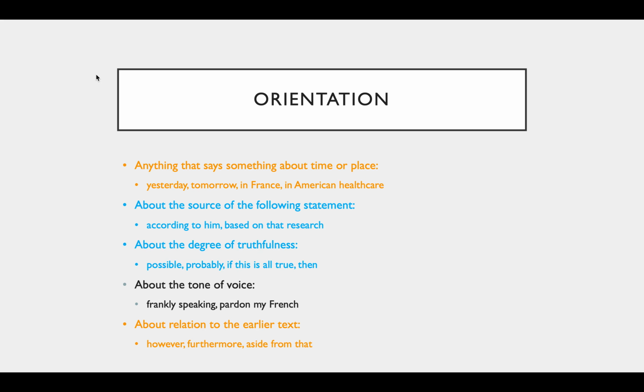In an academic text, you will often have to quote other people, right? So, according to this research, based on the investigation, stuff like that. And you will also have some hypothetical remarks like that would mean, or probably, or one might infer. So, those are orientations.